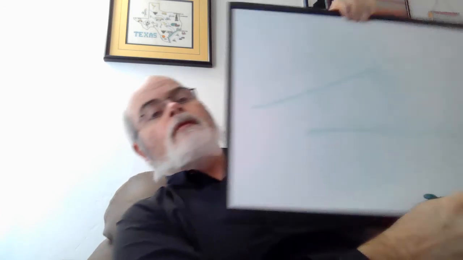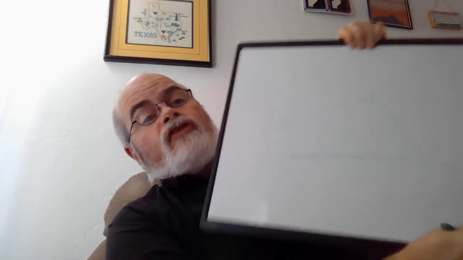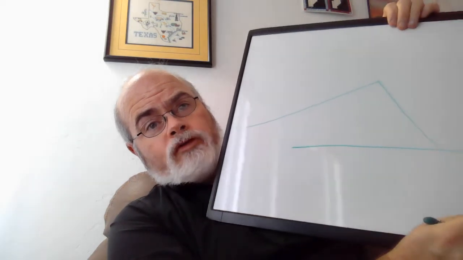Cross bedding occurs whenever we have sediment moving, especially if it's moving in a single direction. So I'm going to draw it out here as if we're dealing with a large ripple mark or a dune. Okay, so this would be a large asymmetrical ripple mark or dune.